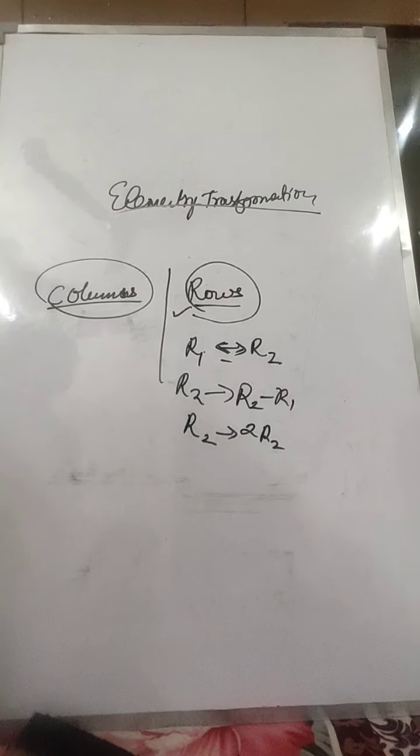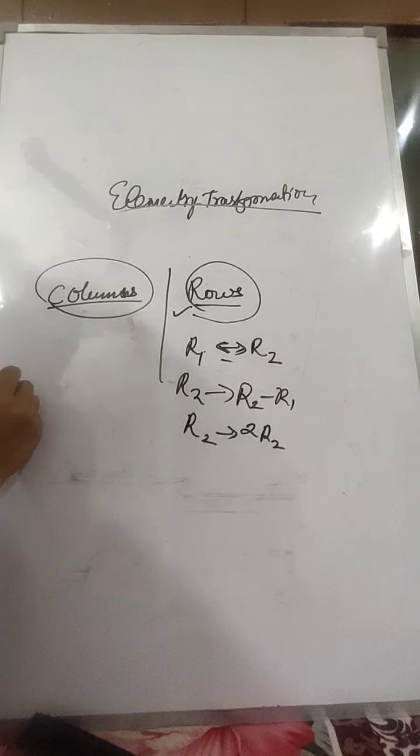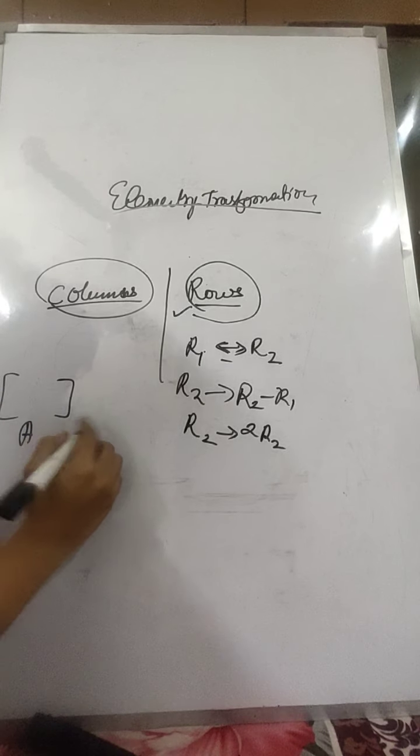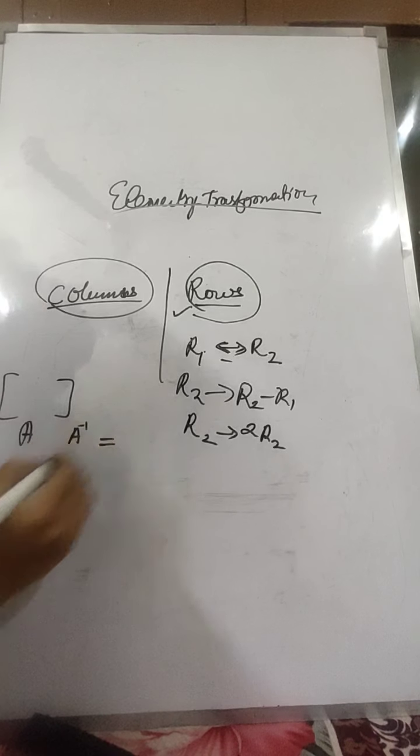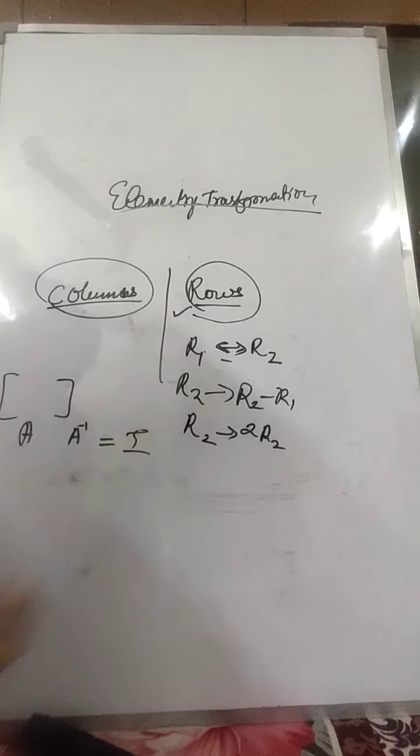Now, elementary transformation, what do you mean by transformation? I have explained the rules and everything, and now you must be wondering what this transformation actually is. Elementary transformation is basically used to calculate the inverse of a matrix. Whenever you transform a matrix A, if you multiply it with A inverse, you will get the I matrix, right?